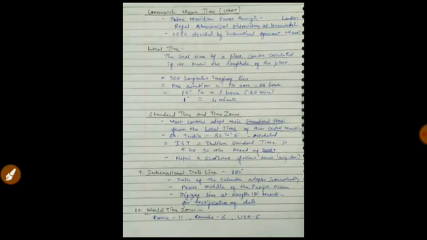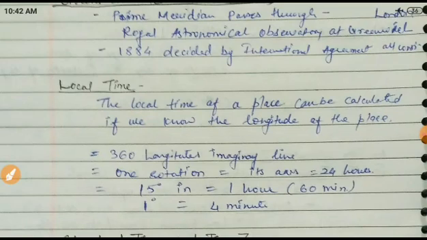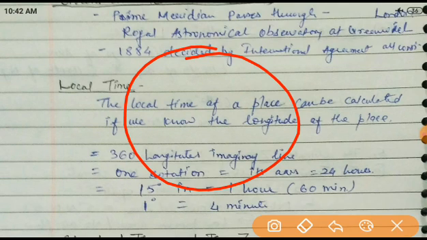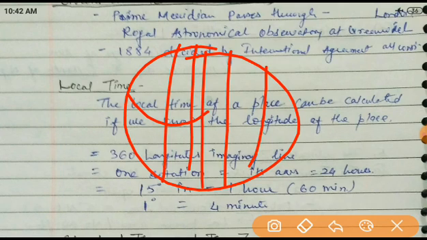Now the second one is called the local time. What is the local time? We can understand that there is an extent. This is the earth longitudes. The earth is very vast, so if it stretches from here to there, it is not possible to keep the same time everywhere.